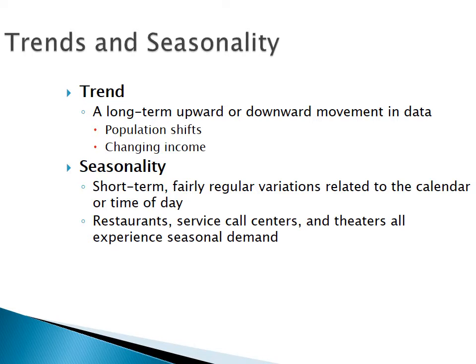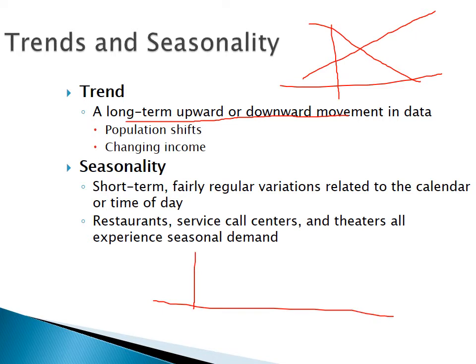Seasonality and trend. Seasonality, as I have discussed before, can have an upward or downward movement. Population shift and changing income might cause this seasonality or trend, upward or downward. In cyclic, there are cycles. It can be a shorter cycle or a longer cycle.